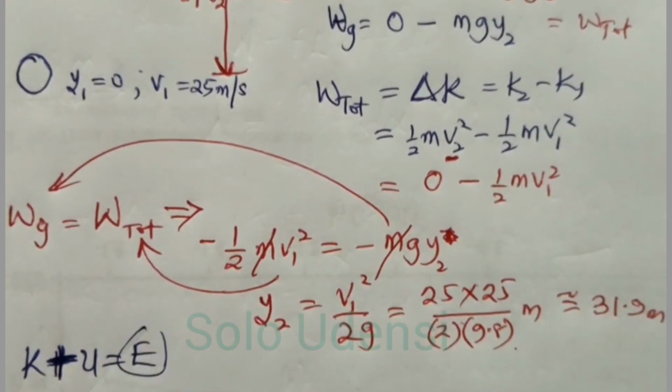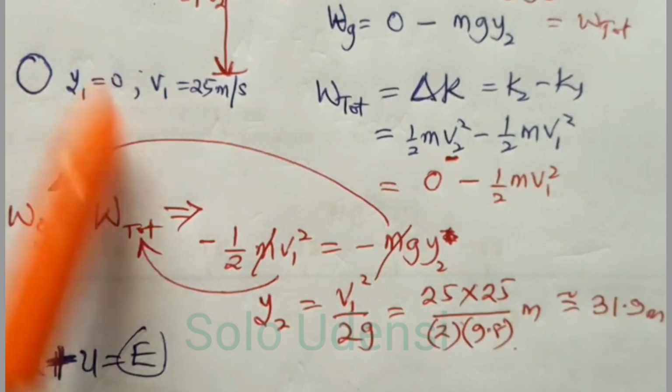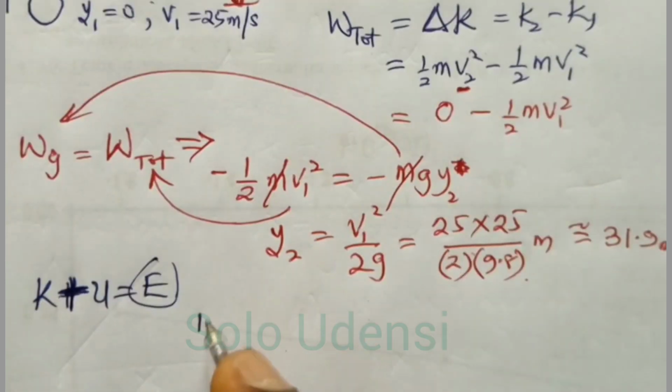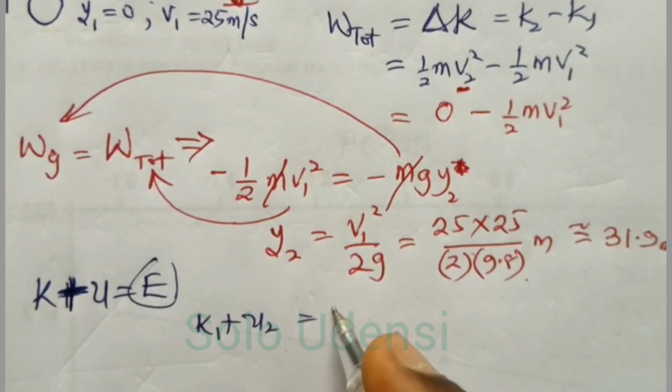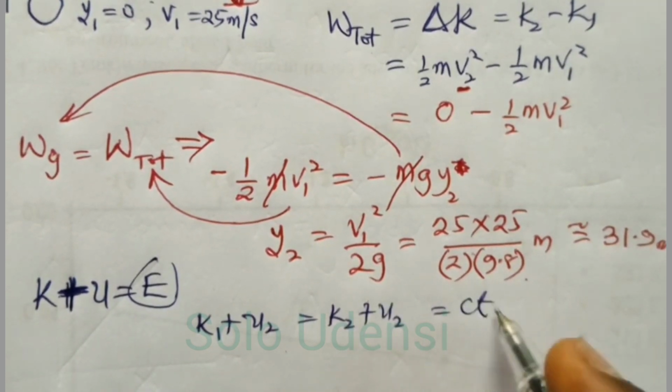So what we have just done is to use the sum K plus U is equal to E, where E is the total mechanical energy of the system. The system here is the mass and the Earth that is causing the gravity. This is the law of conservation. What we have used is that K1 plus U1 is equal to K2 plus U2 and is equal to a constant.